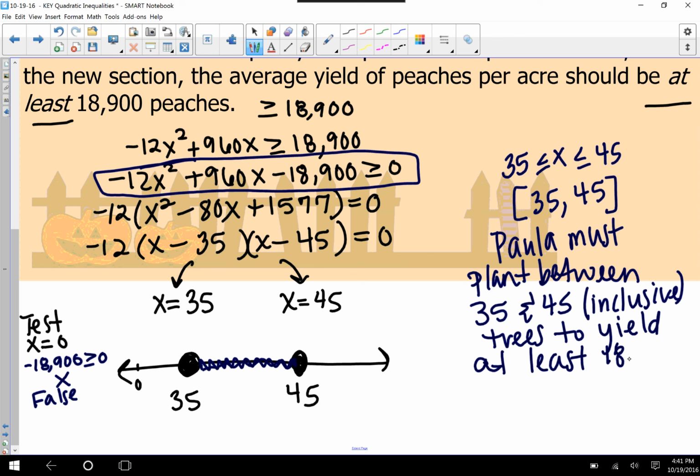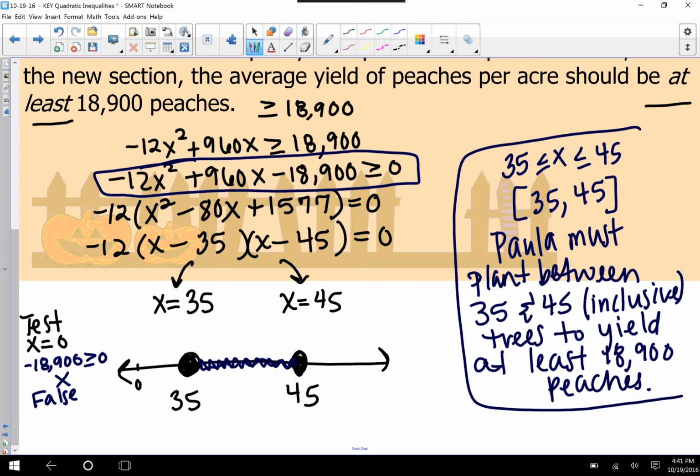At least 18,900 peaches. Okay, so this would be all of your solution right here. If you need to pause and go back, do so.